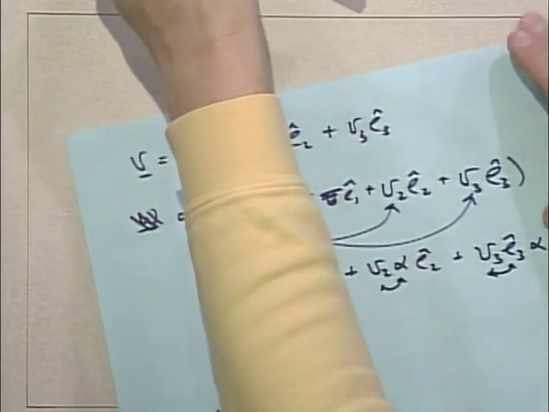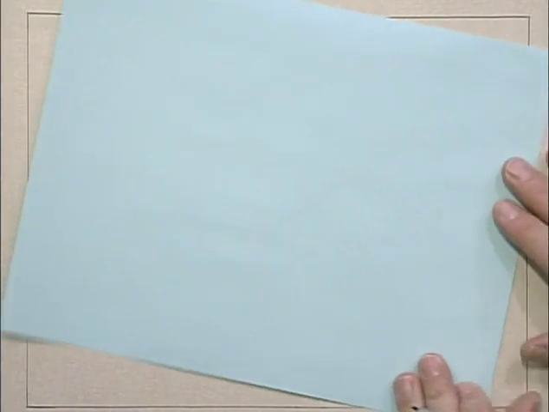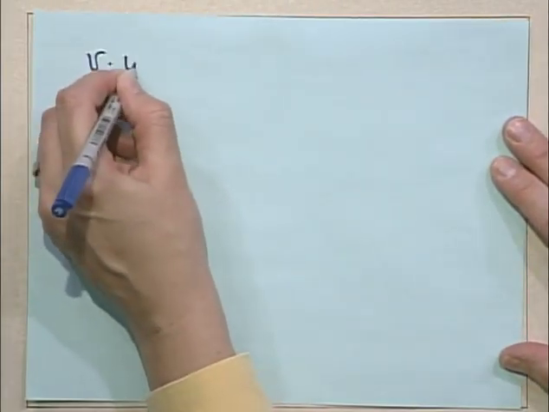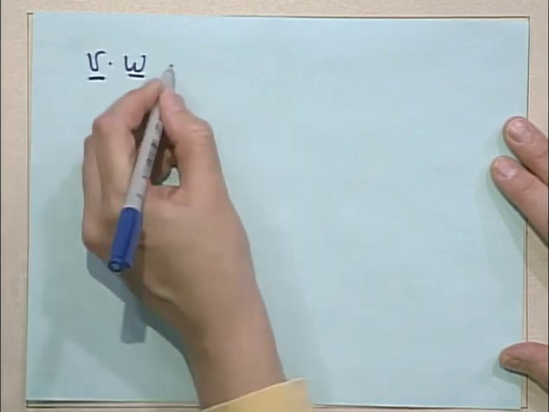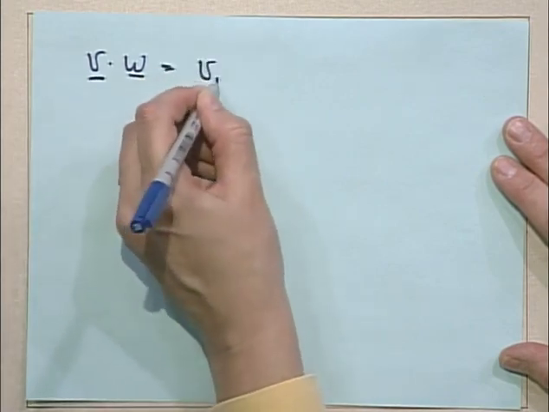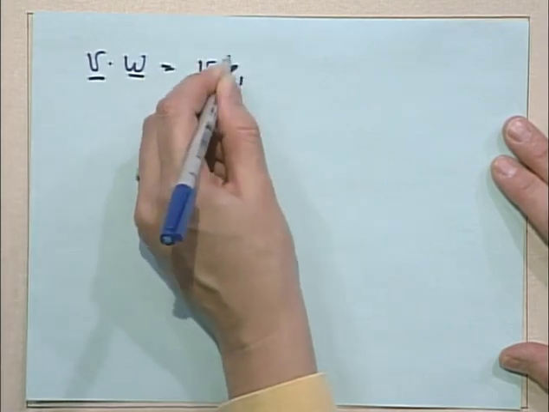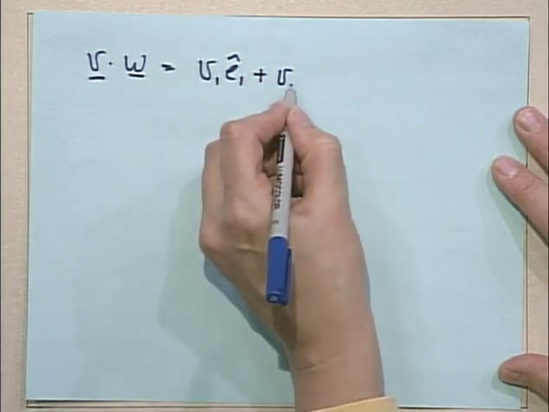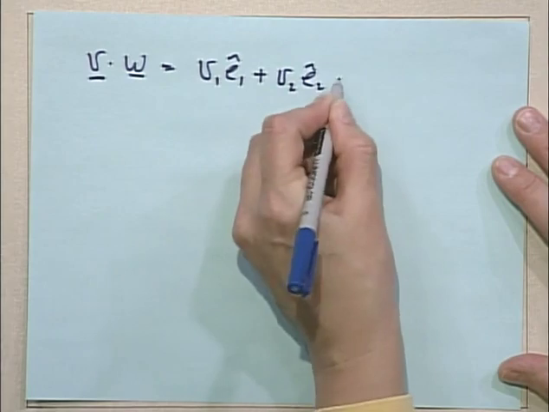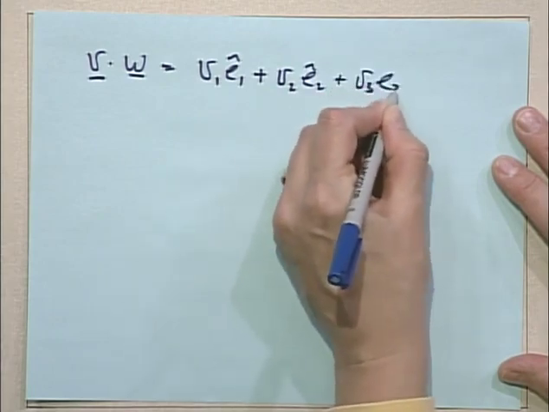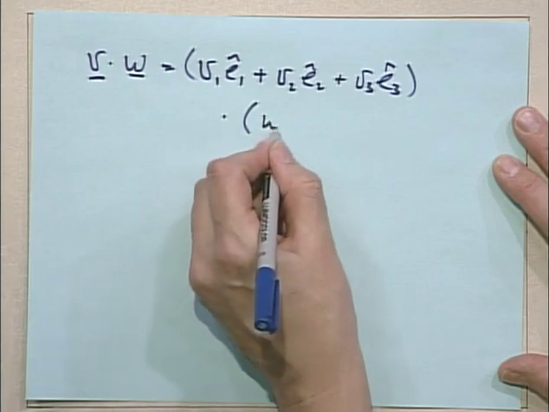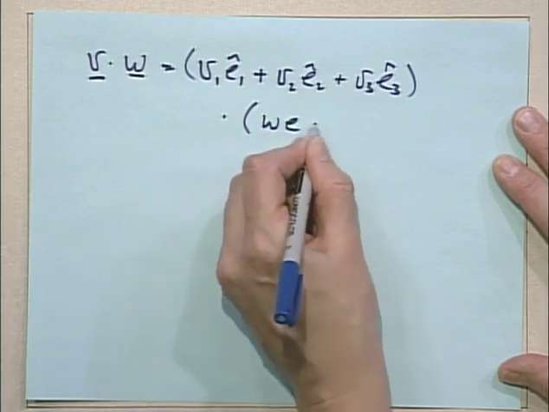When we have dot products, so v dot w, it works the same. We can write any vector as the linear combination of 3 non-zero, non-coplanar basis vectors. So we just rewrite this expression by writing those out.